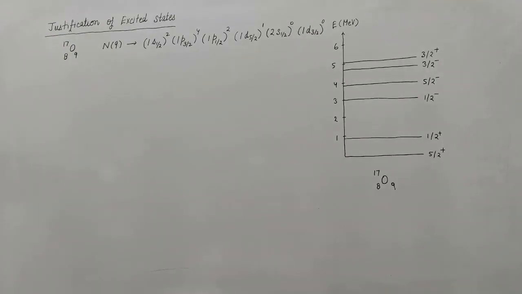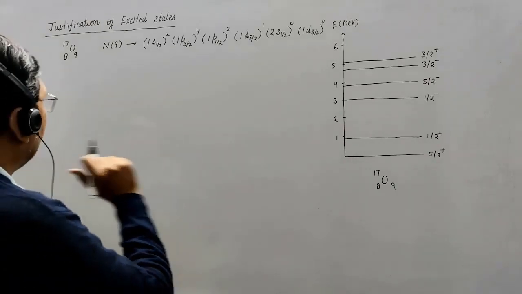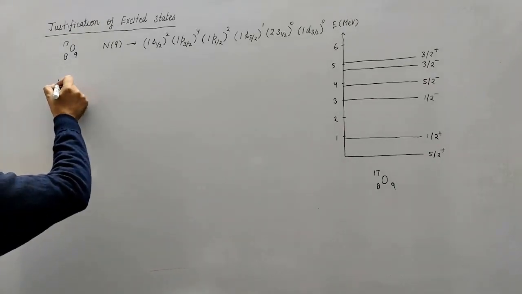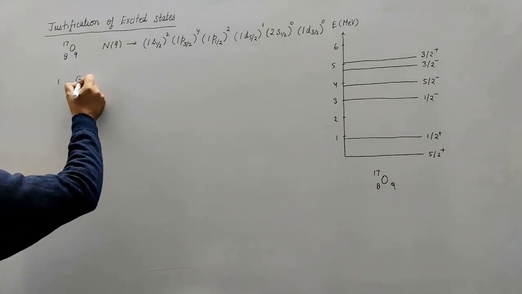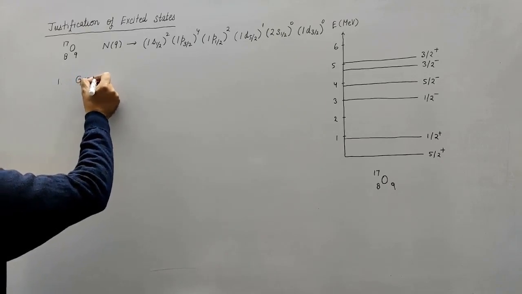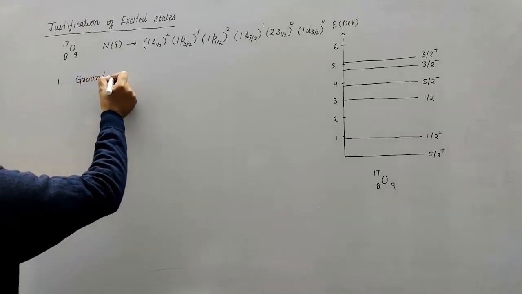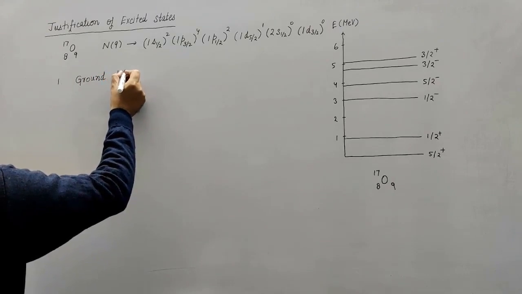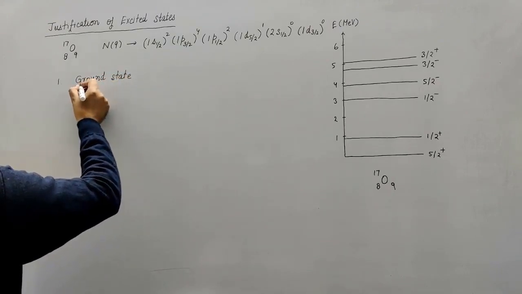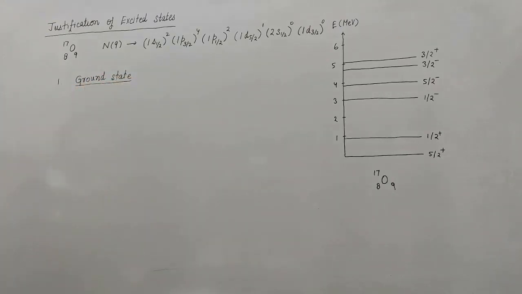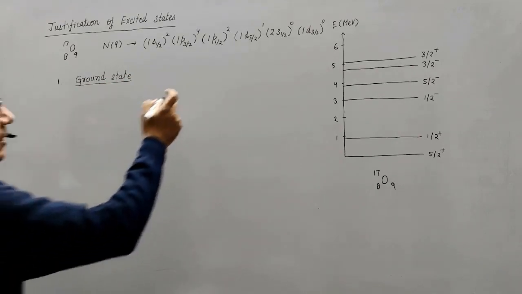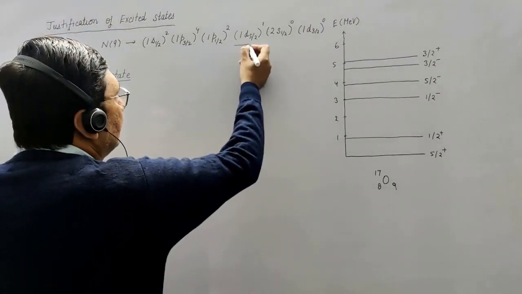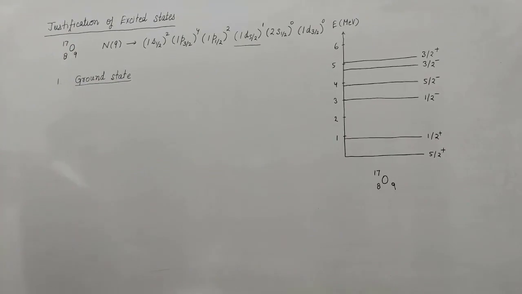So the first question arises, how will we find its ground state? How will we justify the ground state? Basically, for the ground state, we will check the unpaired neutron.